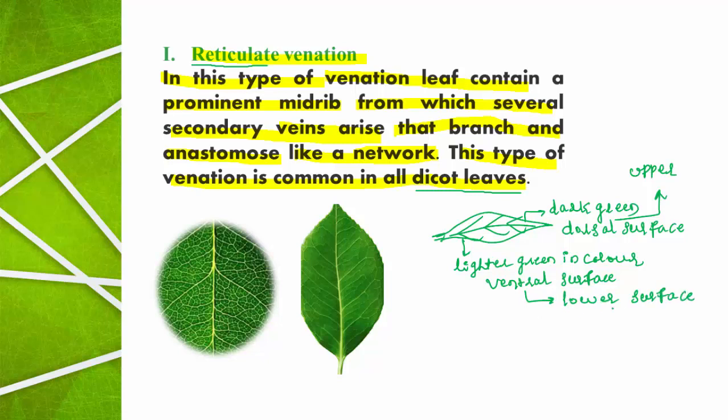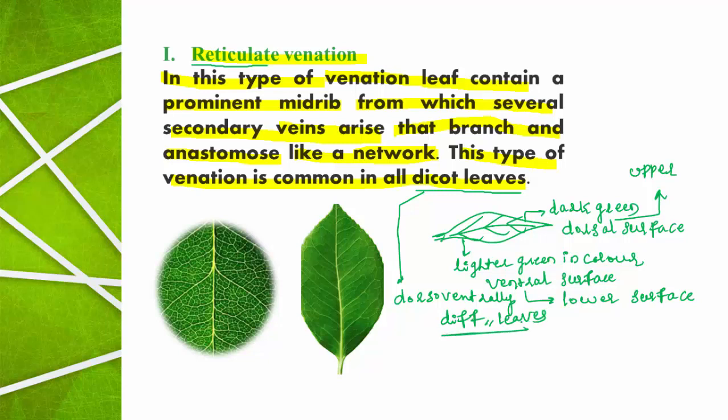Both the surfaces can be easily identified on the basis of color, especially in case of dicots. If the surface color is dark green, it is the dorsal surface. If the surface color is lighter green, it is the ventral surface. Therefore, dicot leaves are called dorso-ventrally flattened or dorso-ventrally differentiated leaves.